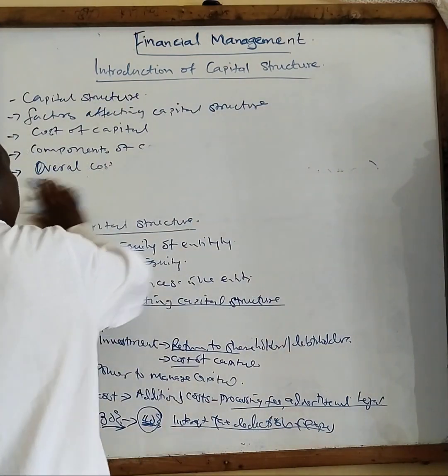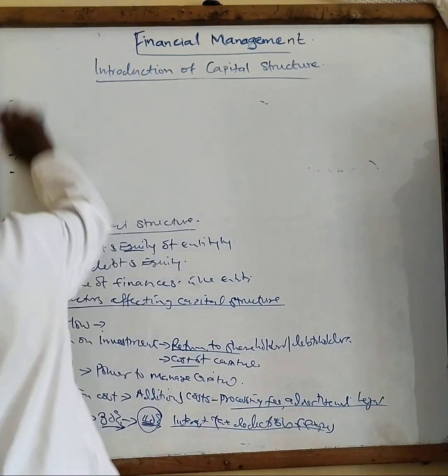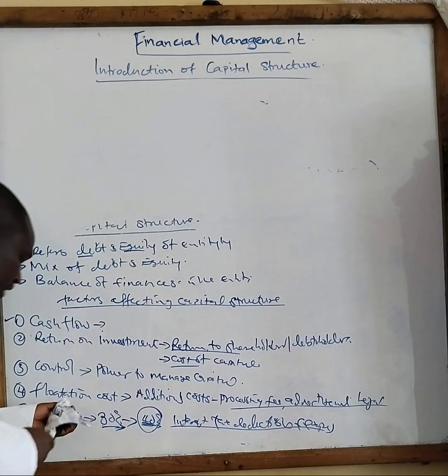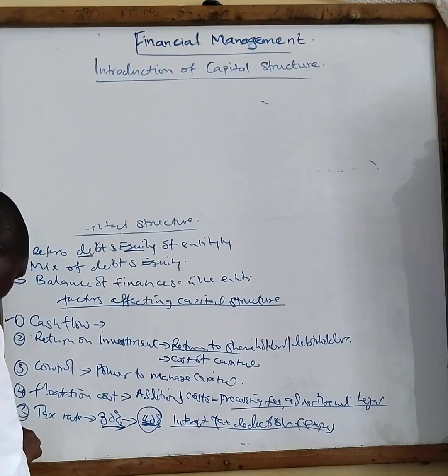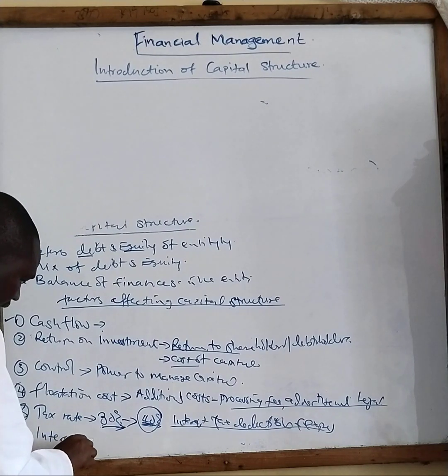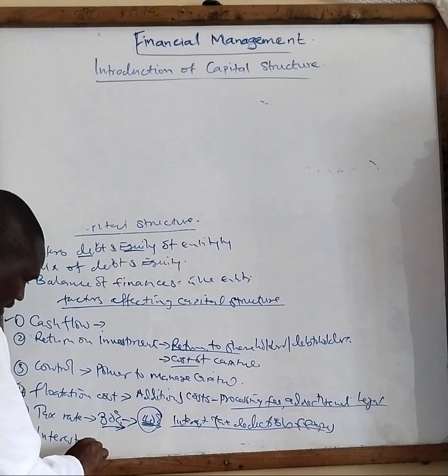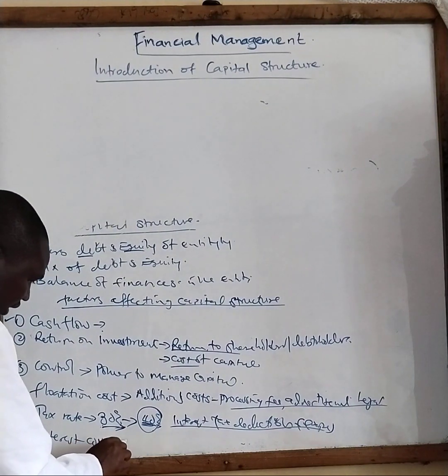Before I finish, I can add another one, which is interest number 6. Let me add interest cover rate.